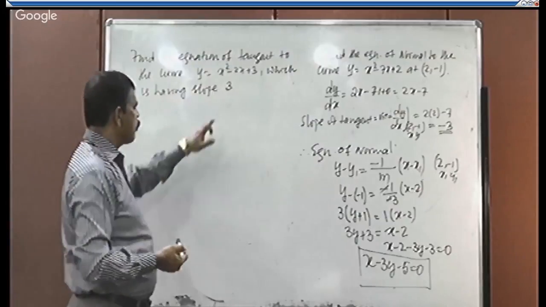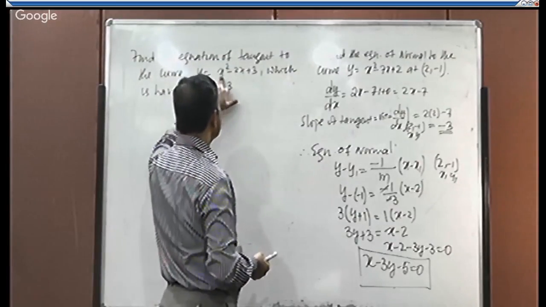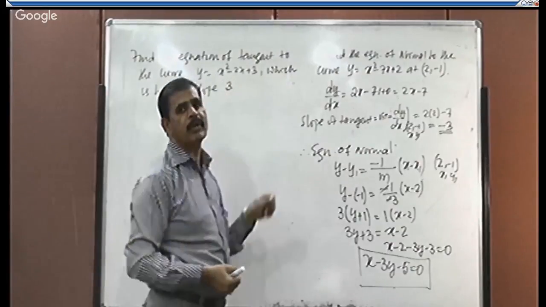See, they have given slope m, but they have not given the passing point x1 y1.